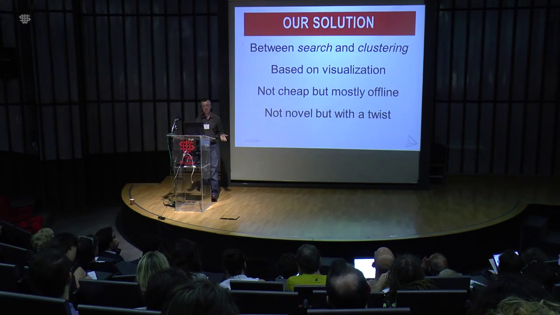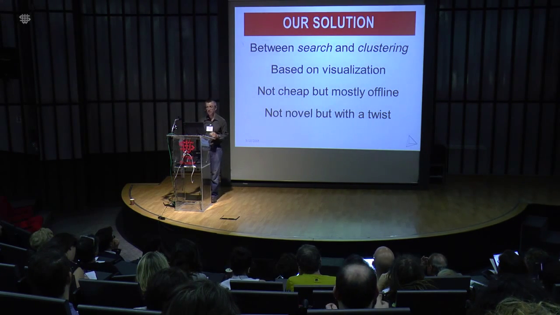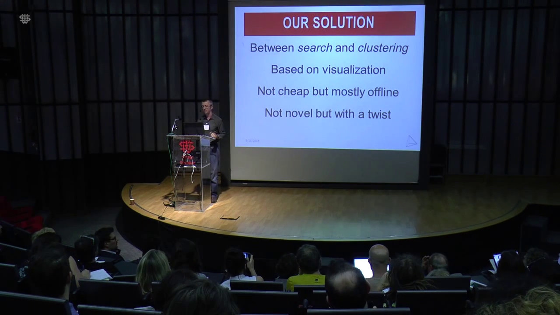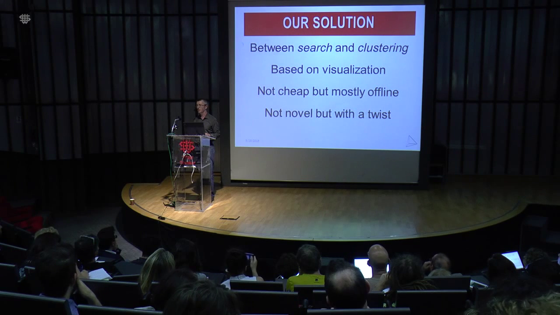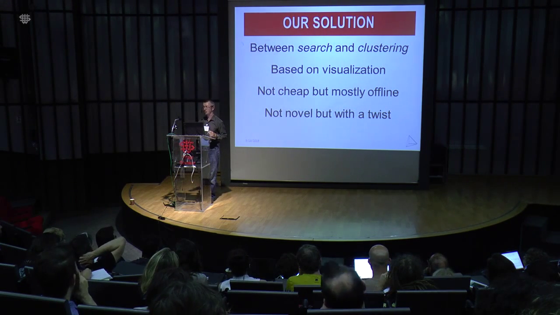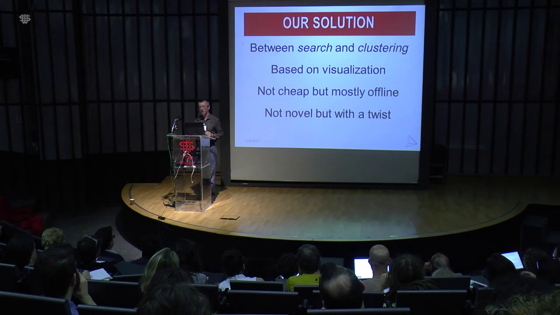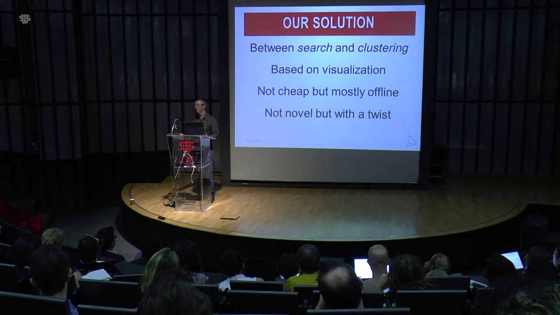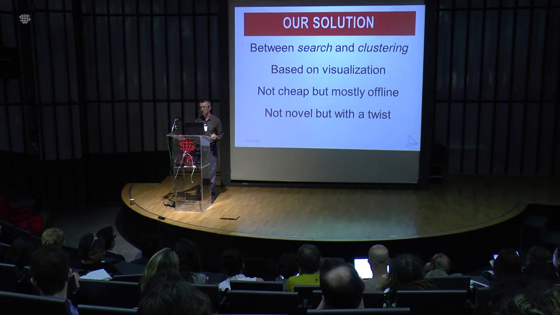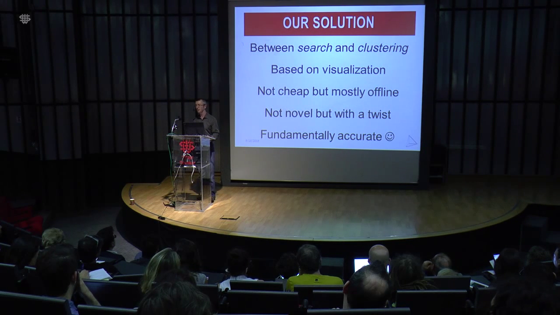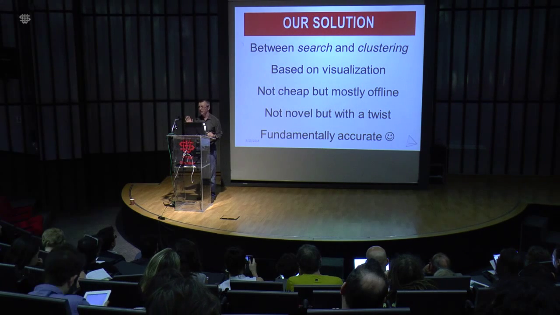There is a solution. We are proposing a solution. It's not perfect. It's better than what we have out there. It's some type of a combination of clustering and search, and it is built on visualization. And it's not cheap. But if the data is static, you can do much of the processing offline. I can't claim the novelty out there, but I can claim the accuracy.